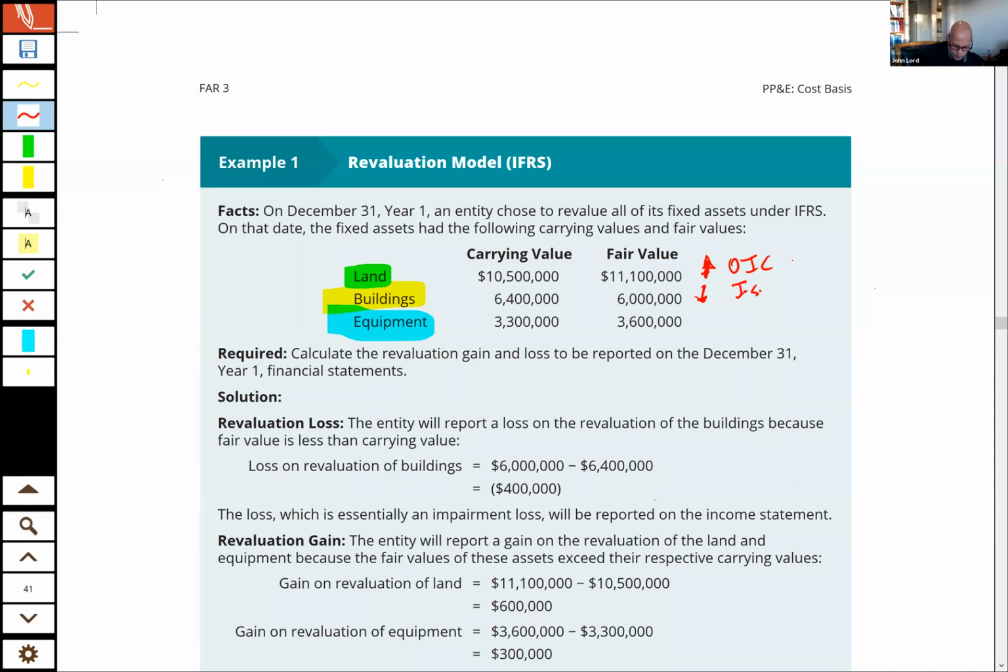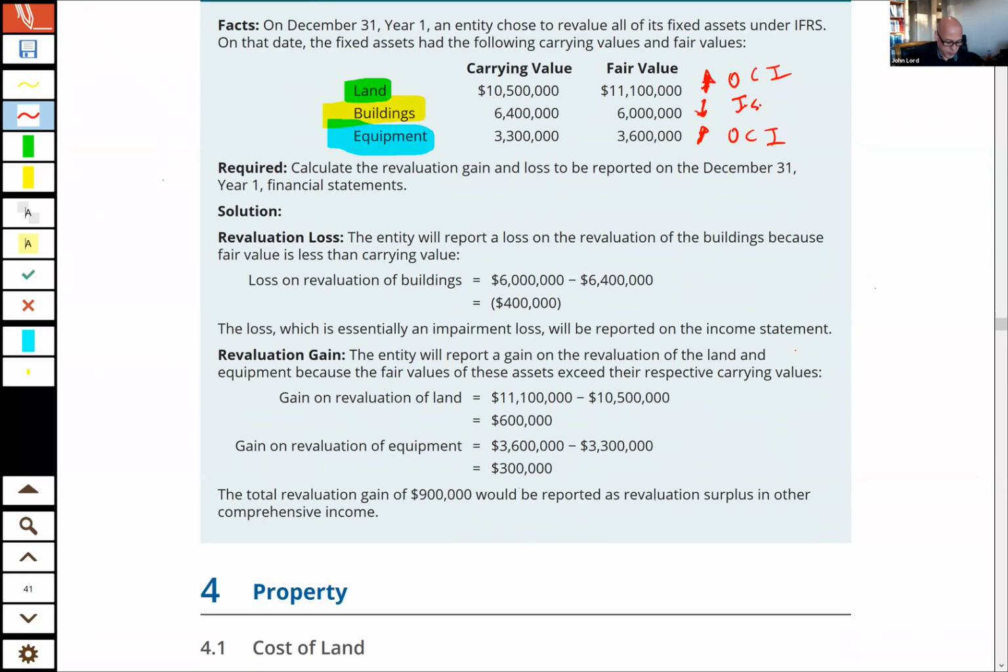And then for the equipment, we have an increase. That increase will go to OCI, other comprehensive income. So that's the way you look at it. That's IFRS only. You can write them up. If you're writing them up, it first goes to OCI. If you're writing it down, it first goes to the income statement, and so on.